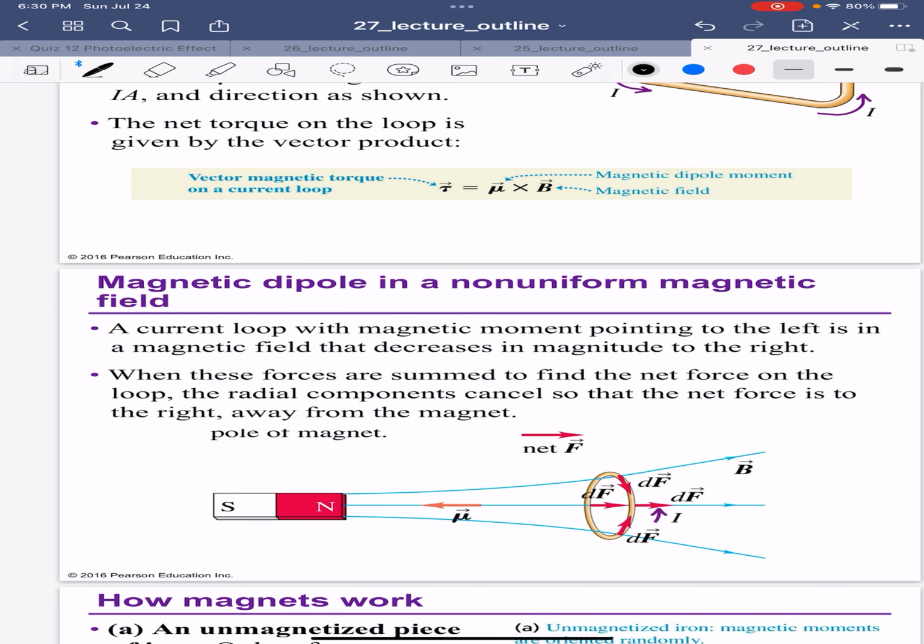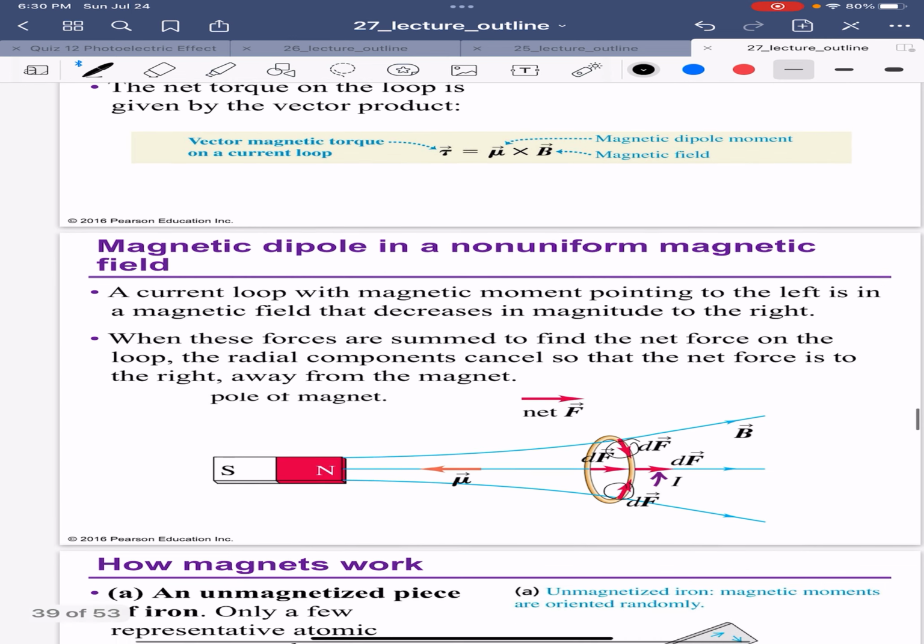You can see that it is decreasing because the lines are divergent. When these forces are summed to find the net force on the loop, the radial components cancel, so that the net force is to the right, always away from the magnet. Here you can see that these are up and down, but these ones here are going to be to the right.